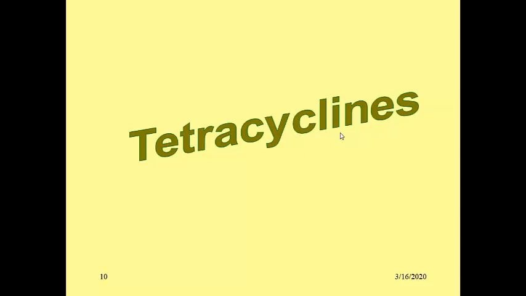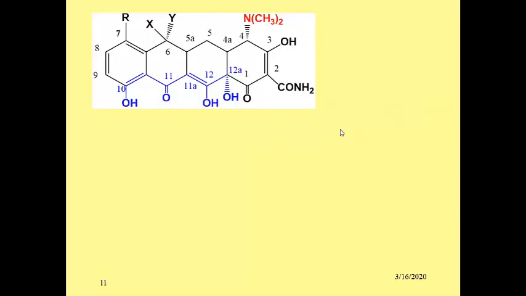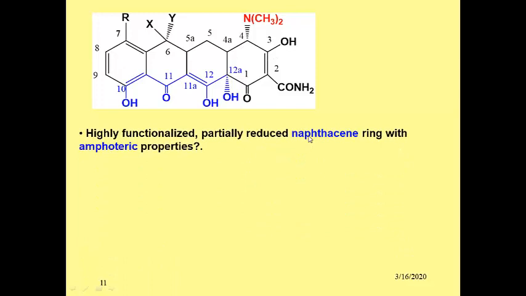The second group is tetracycline. Tetra: 1, 2, A, B, C, D, 4 cycles, tetracycle, naphthacene partially reduced.